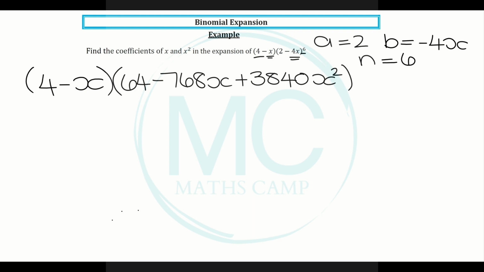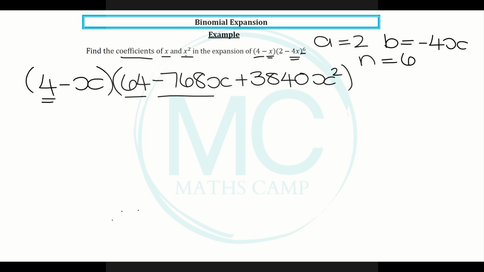The question wants us to find the coefficients of x and x squared. So we only need to multiply out for x and x squared terms. 4 multiplied by 64 gives us a constant. That does not help us. We can't use it. 4 multiplied by negative 768x, that gives us an x term.